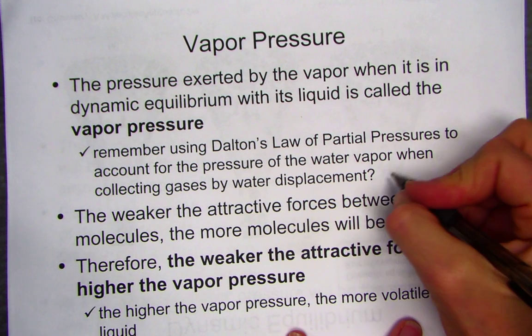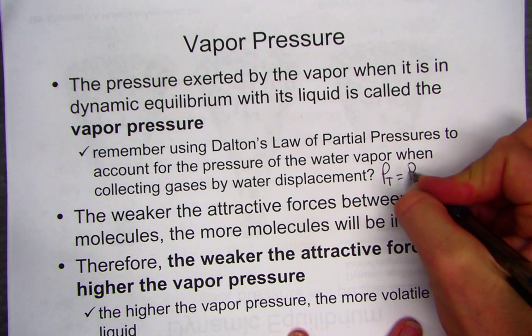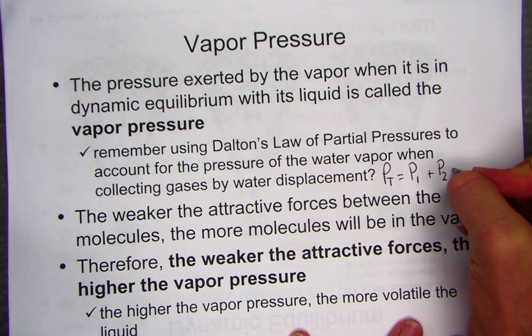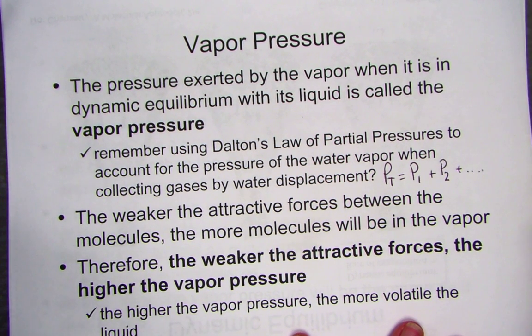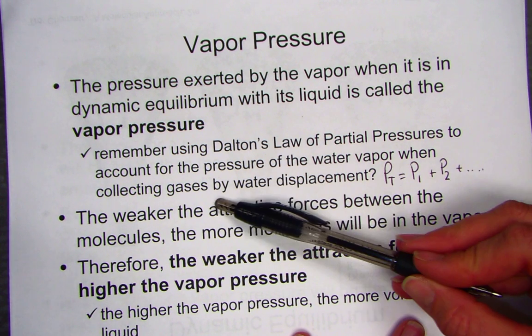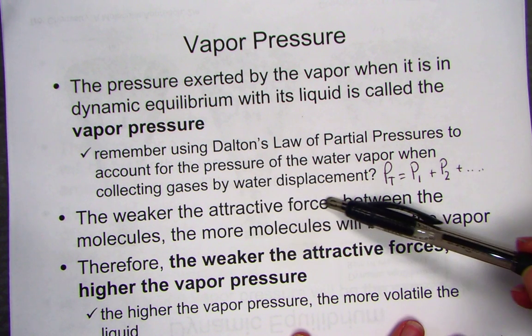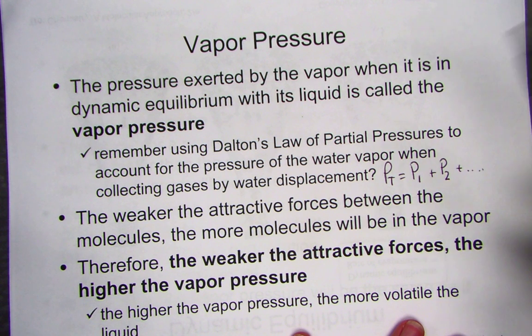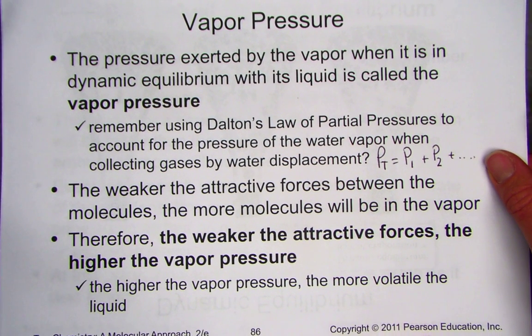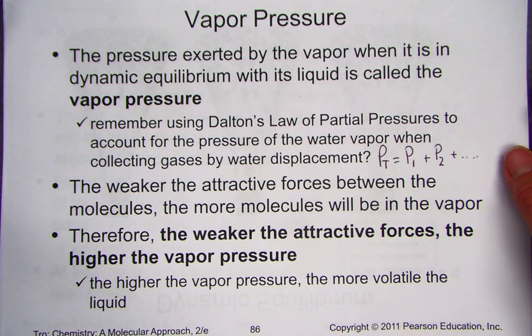Back in our gas chapter, we said that the total pressure is equal to the partial pressure of gas 1 plus the partial pressure of gas 2 and so forth. We account for the pressure of the water vapor when collecting gases by water displacement. In other words, the total pressure inside of a collected chamber, we had to subtract out the contribution of the water before we did our PV over T's.